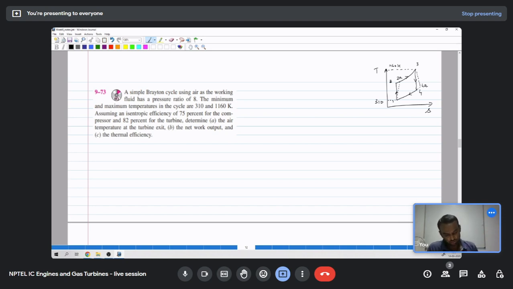Now, using the pressure-temperature relationship, we can calculate T2, the ideal temperature at the compressor outlet. So T2 by T1 is equal to P2 by P1 power gamma minus 1 by gamma.